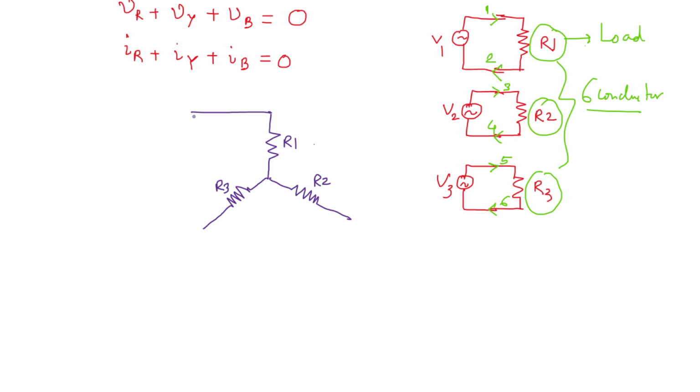So this is supply 1, V1 is given to it. Now suppose not V1, rather we are giving a 3-phase supply.